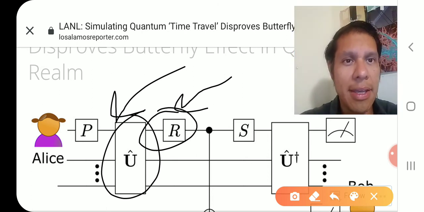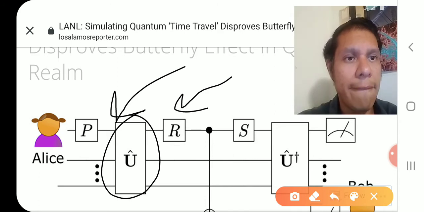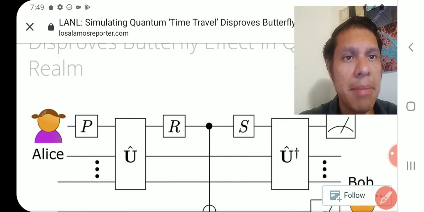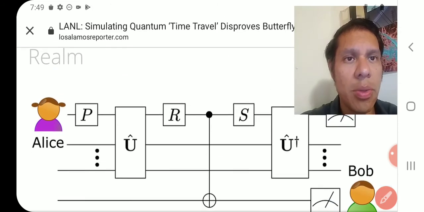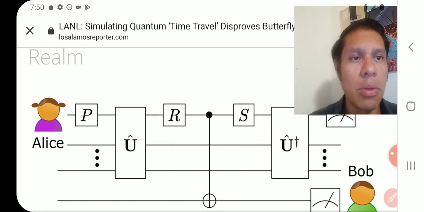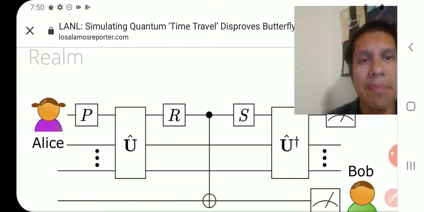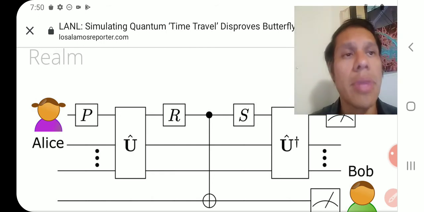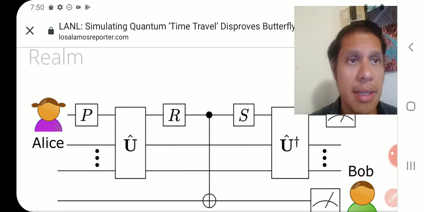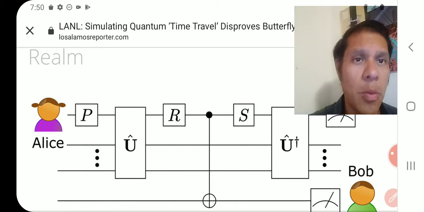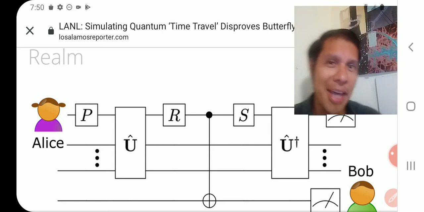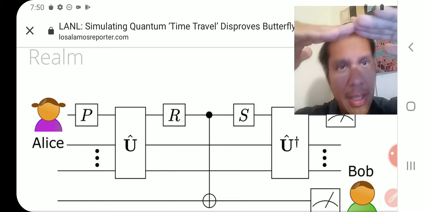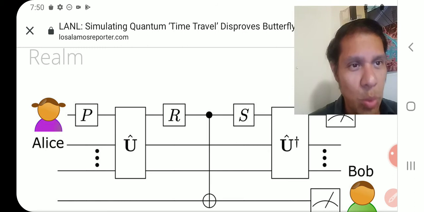And then if you look underneath, that information will be measured right here. So whatever comes out of it will be measured by Bob. As you can see, there is a C naught gate connected to Bob, right? So Bob will have access to the information that comes right out of the R gate. Bob will measure it.